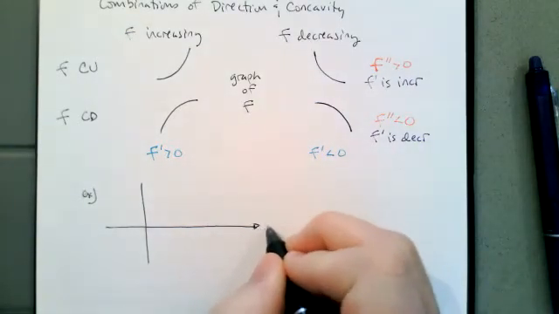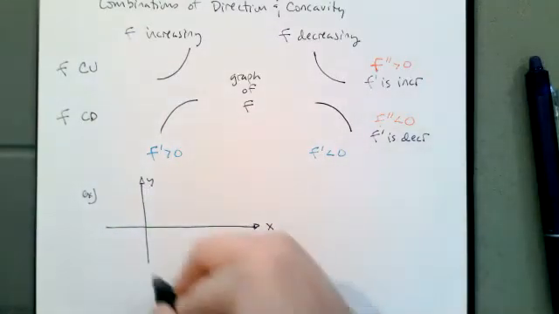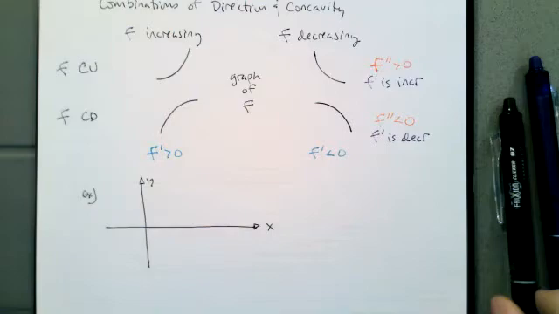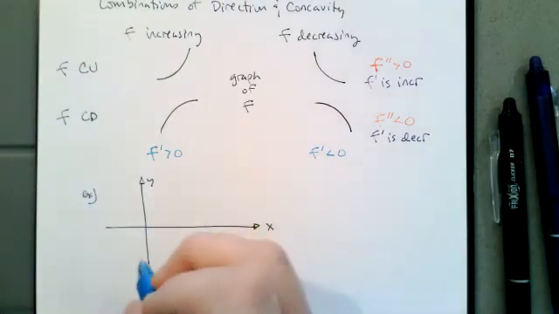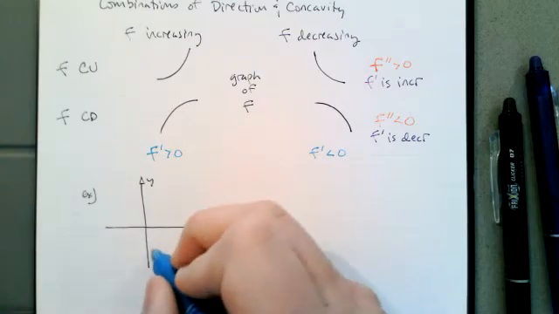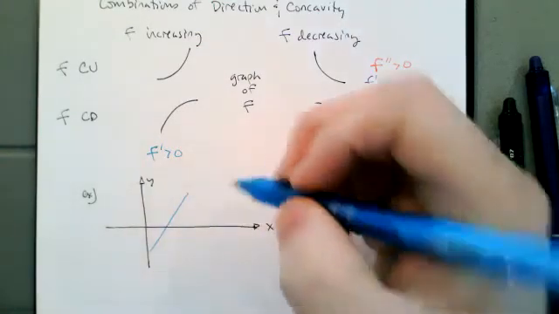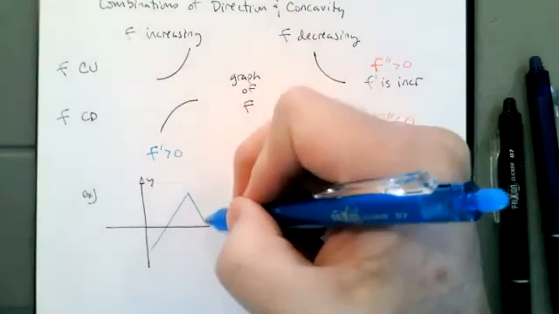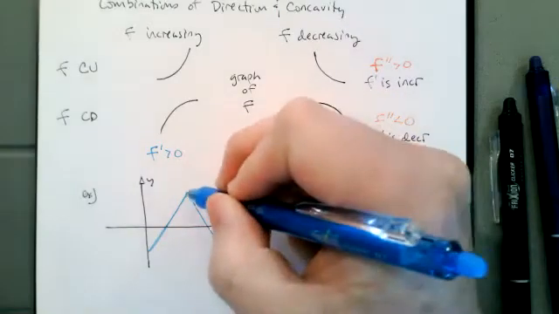So let me draw a graph, let's say x and y. Let's look at a graph of a function. The function is just going to go up and then back down again. Let's just decide where these things are happening.